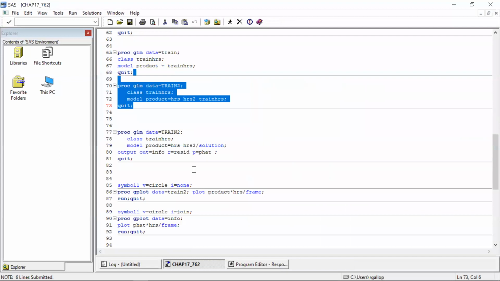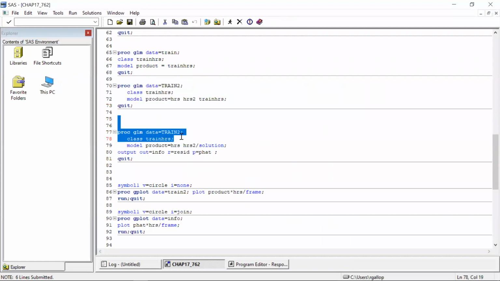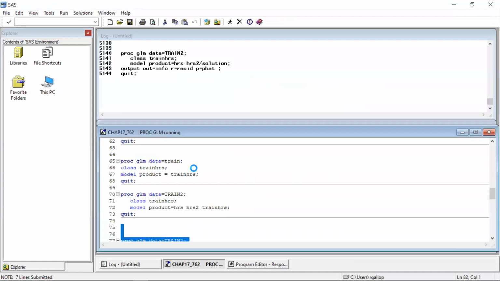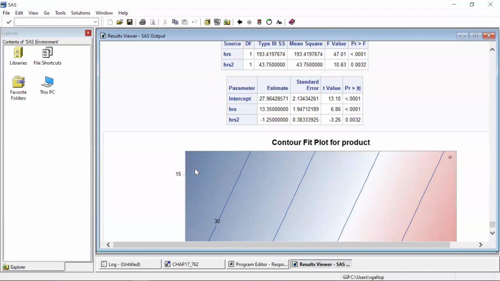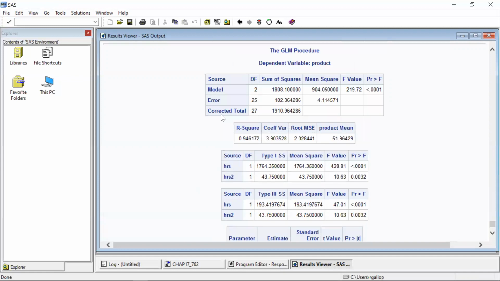So now when I simplify the model to just linear hours and quadratic hours, we now only have 2 degrees of freedom. But look at the R squared. The R squared in the ANOVA model was 94.6474% variance explained. This one's 94.6172% variance explained.